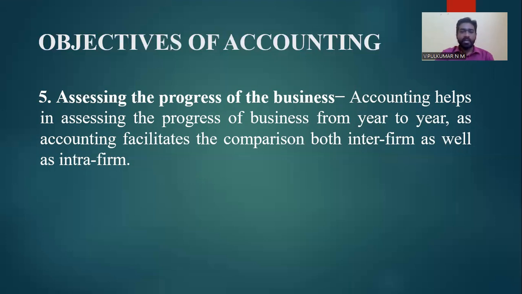Not only these two statements, we will be preparing other statements like cash flow statement, fund flow statement, comparison statements, etc. By analyzing these financial statements, the company can understand whether they are progressing or going in the wrong direction. They can also understand whether the company's internal activities are strong enough to meet the demand, or whether the external activities of the company are relevant for competing with their competitors. So the fifth objective is assessing the progress of the business.